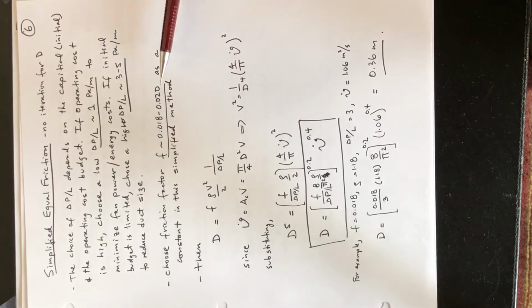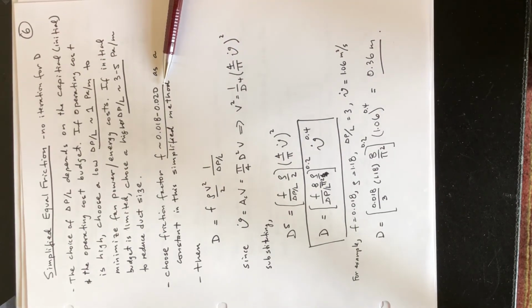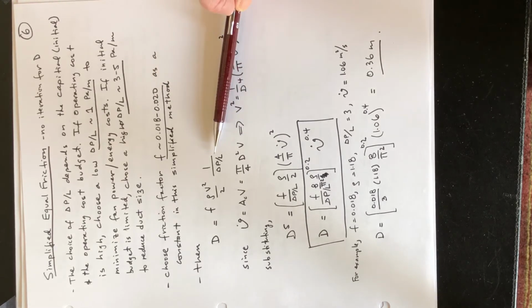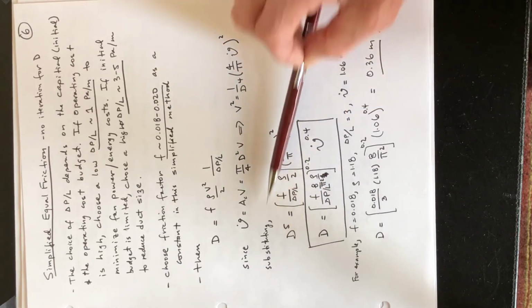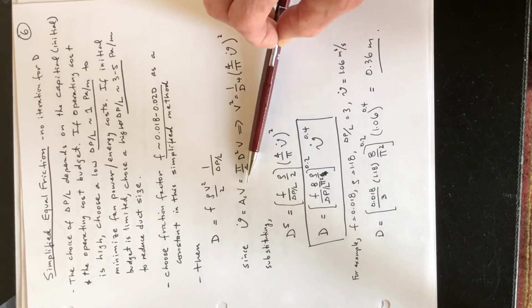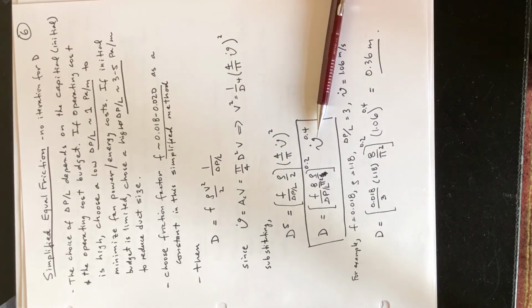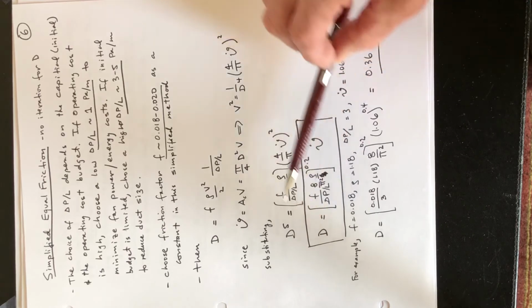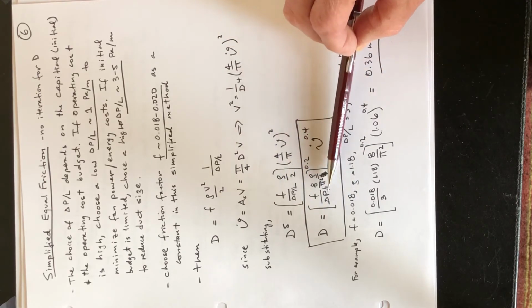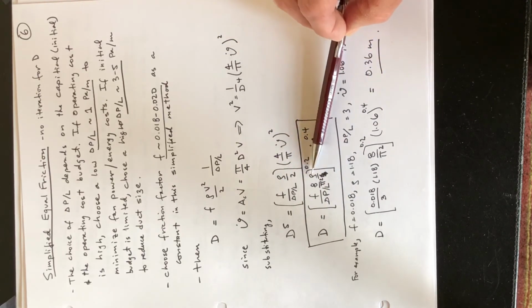And then I've also said pick a constant friction factor. And if you do that, you can then take that equation for the pressure drop per unit length and recast it using the continuity equation, where if you know the flow rate, you then know the diameter for a given friction factor, pressure drop per unit length, and density.